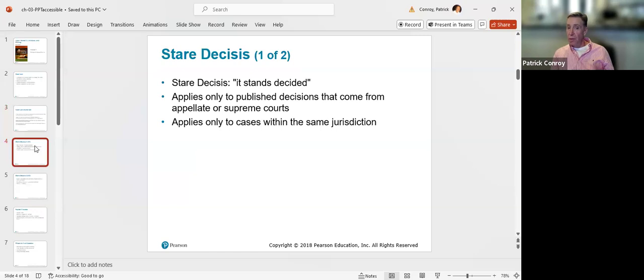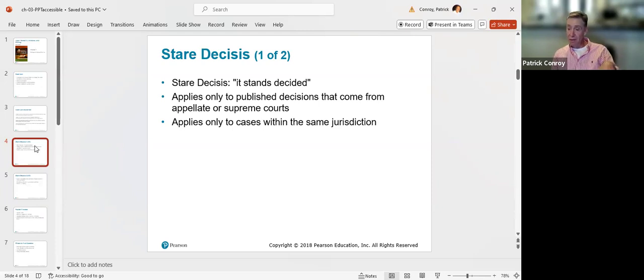So, review of stare decisis. It stands decided. That means that if another court has ruled on it, that court might be precedent. Trial courts all have to follow the precedent set in the area that their trial court covers. Then if something goes to the appeals level, they have to follow what the appellate court has said for the appeals court's area.